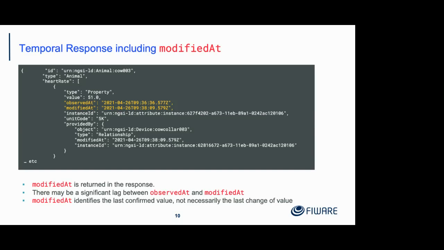And then eventually the system would read in the data saying, hey, I've got some values for you, and it could be that when the reading was actually taken was a long time ago. You could even get a burst of data saying, here are my last 20 readings. And that only hits the context broker when it hits the context broker. So the modified at is when it hits the context broker. Observed at is what the timestamp is coming in from the device in question.